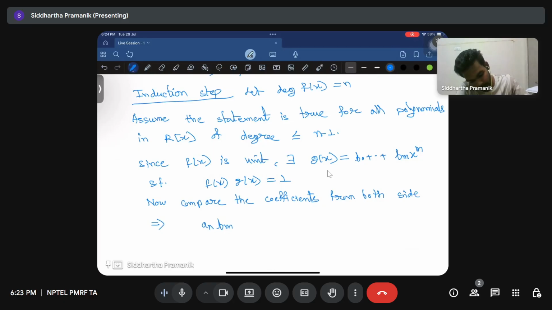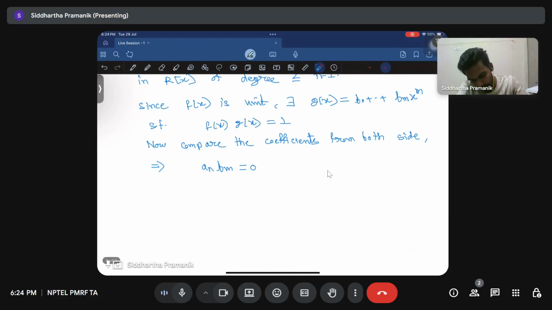The leading term is x power n plus m, whose coefficient is an times bm. This is 0. Now what about the second last coefficient?